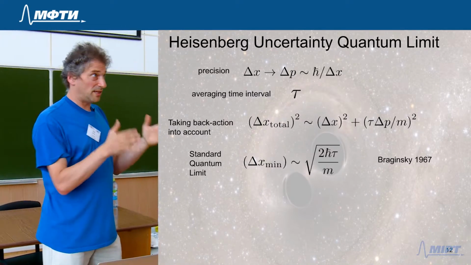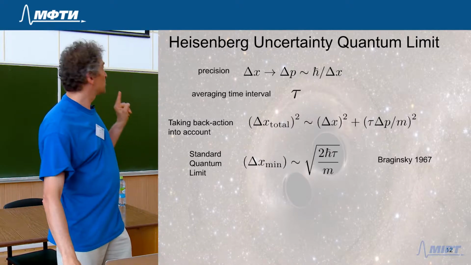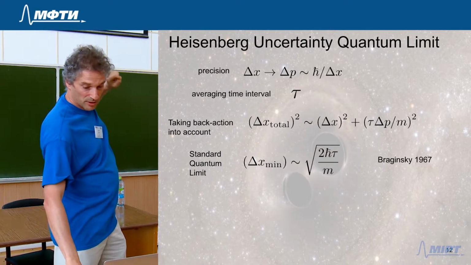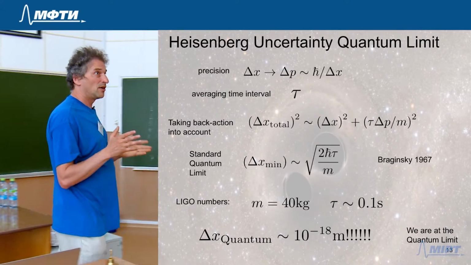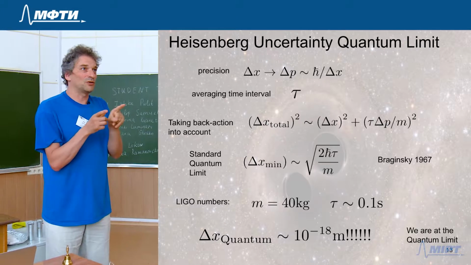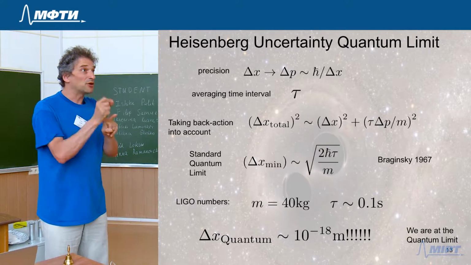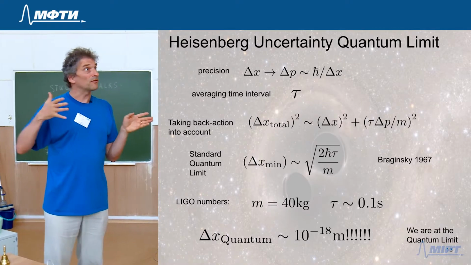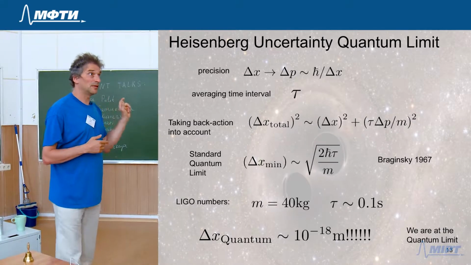So you want to maintain this precision for, say, 1/10 of a second. You have 40 kilograms of mass, you have h bar. You have all the information you need. If you make this estimate for 40 kilogram mass, you get 10 to the minus 18 meters, which is just one order of magnitude below the perturbation caused by the gravitational wave from merging black holes, GW150914, a billion light years away.